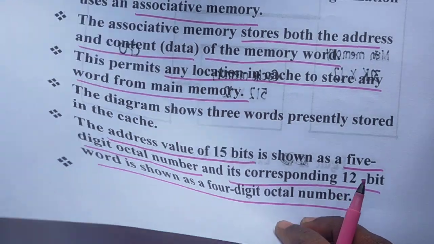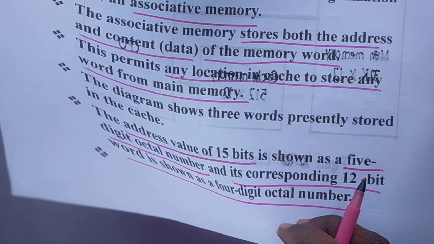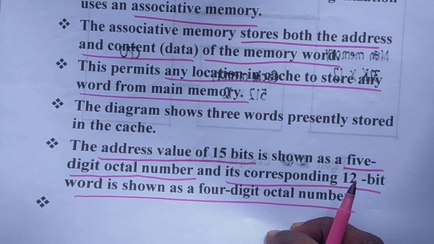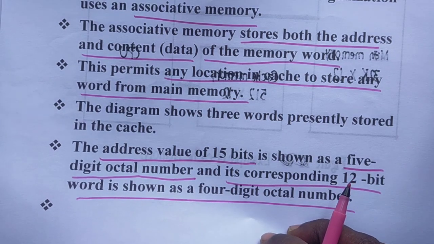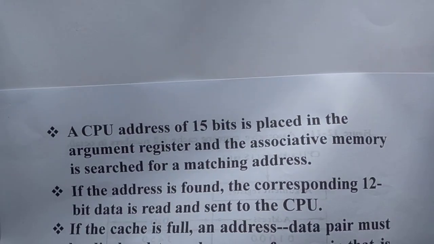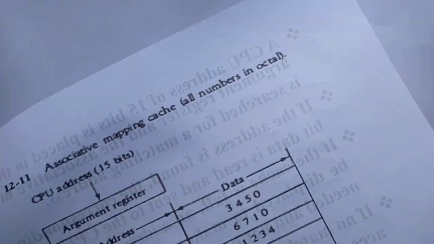I will show you that part. Whenever you go through that, that is associative memory. Now you see, there is another part also, in a very simple way.